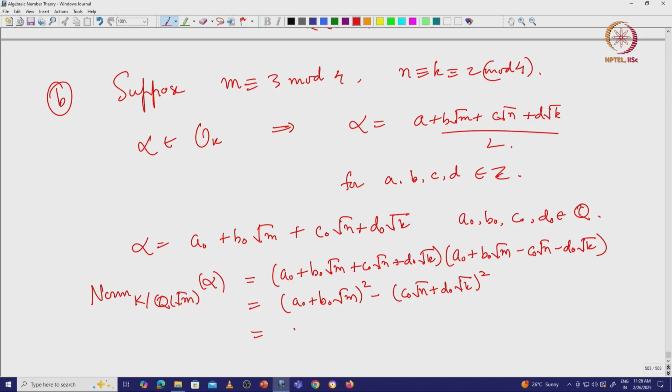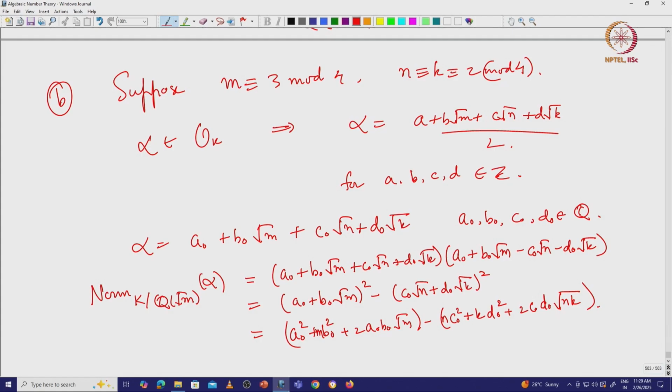So, let us see if we get a0 squared plus m times b0 squared plus 2 a0 b0 square root of m, minus c0 squared times n, so n c0 squared plus k d0 squared plus 2 times c0 d0 square root of n times k.